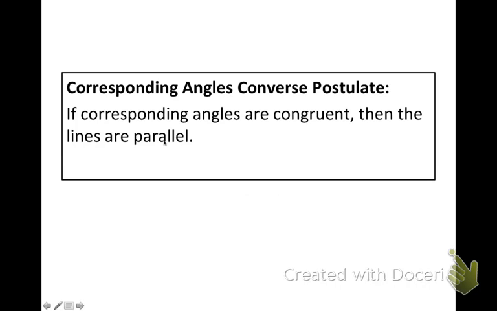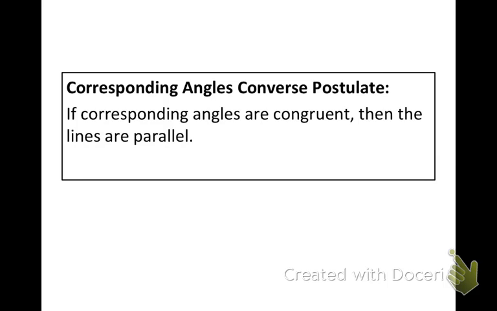So our first one is the corresponding angles converse postulate. You can either write exactly what I have on the board, or if you want to do the abbreviated version, which is to the right of the board, feel free to do that. It's your notes on the right side of the board.